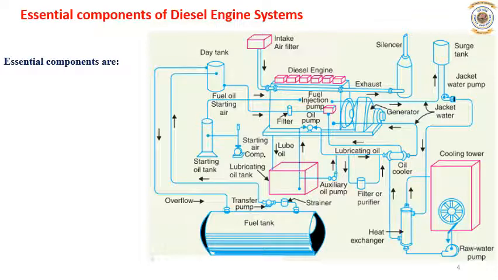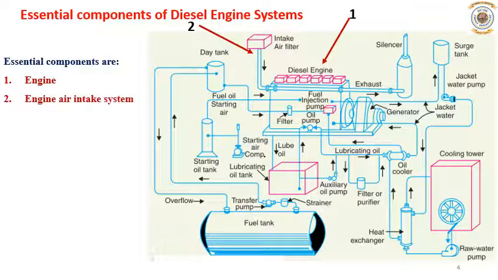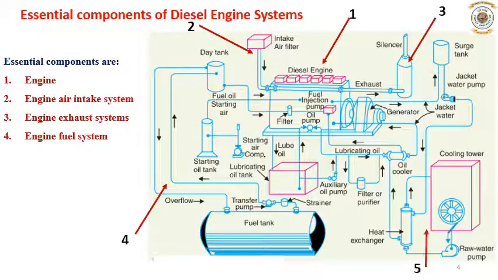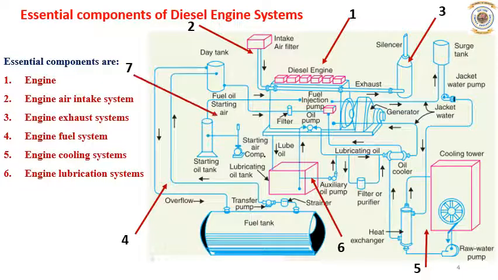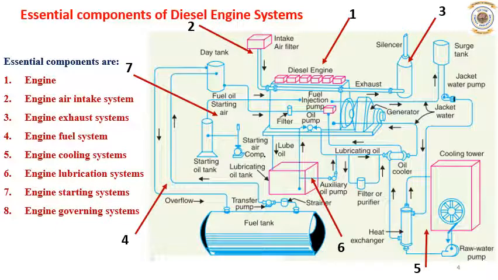The main components are: first, the diesel engine; second, the air intake system; third, the engine exhaust system; fourth, the engine fuel supply system; fifth, the engine cooling system; sixth, the engine lubrication system; and seventh, the engine starting system, and also the engine governing system. Next, we will see the components one by one.